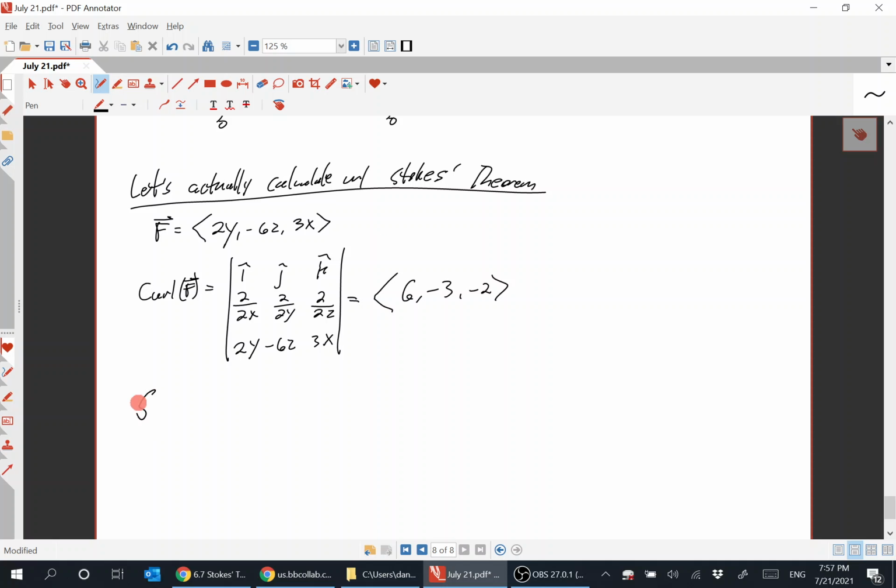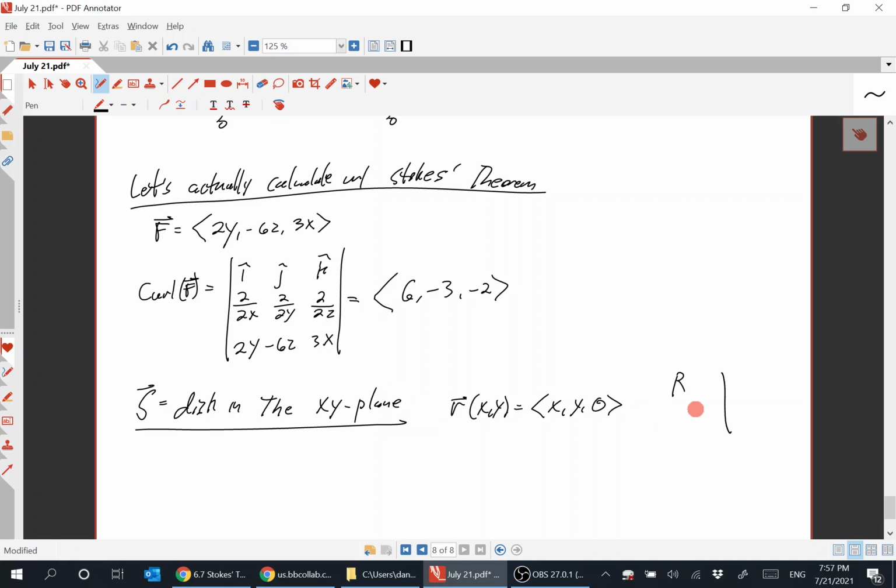So let's let S equal the disk in the xy plane. So r of x, y is equal to, well, x is x, y is y, and z is 0, where the domain is the disk of radius 2. Like that.